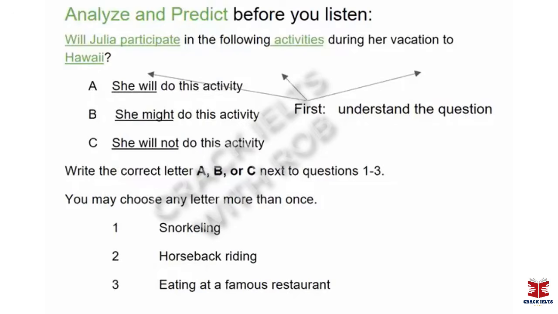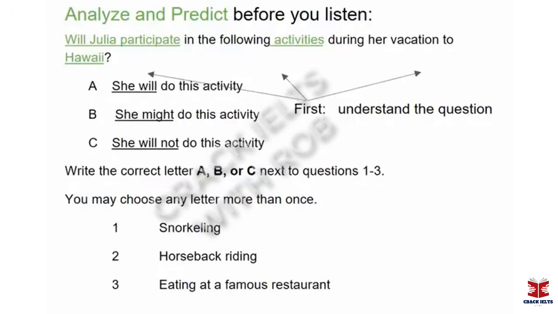So we need to keep in mind that we're only listening for Julia's activities in this question set. Okay. Also, do we know that Hawaii is the only vacation we're going to be hearing about? Maybe there are going to be other vacations discussed, and we need to keep that information straight as well.